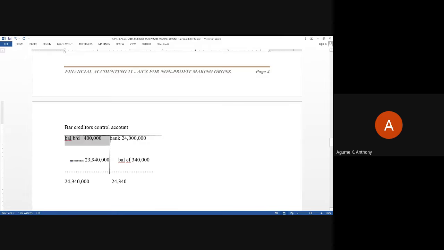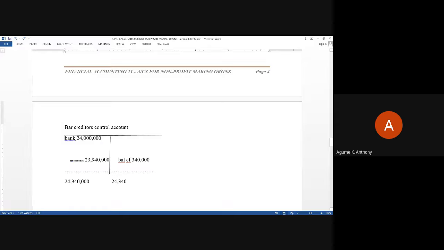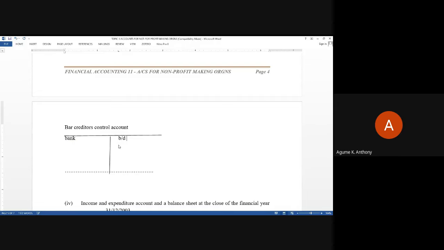And of course, if it is for debtors, then the opening balance will not appear on the debit side. But I will have my brought down for bar creditors as 650.